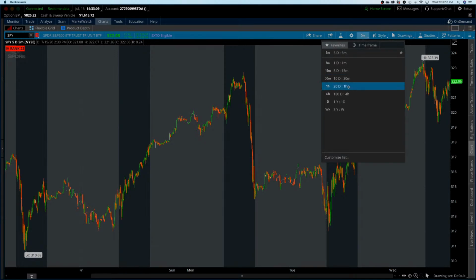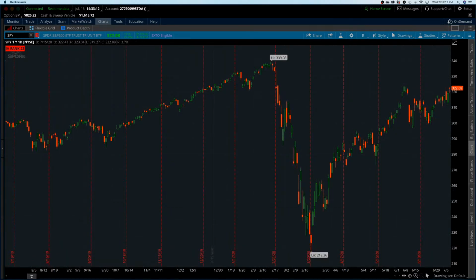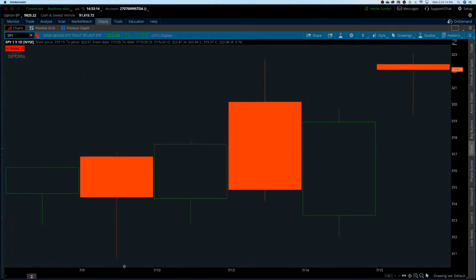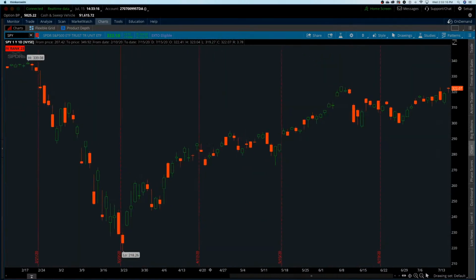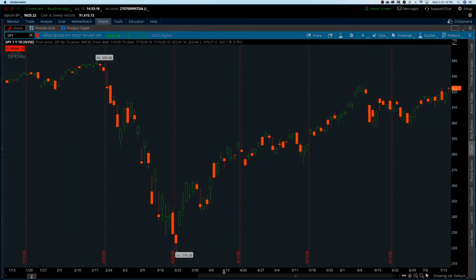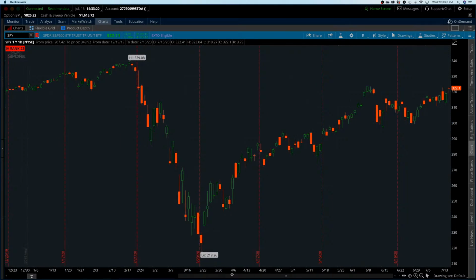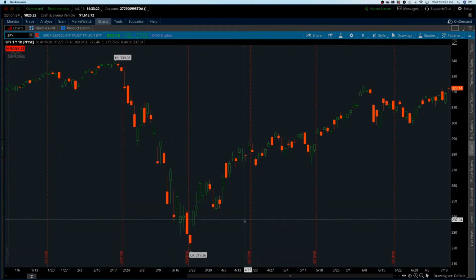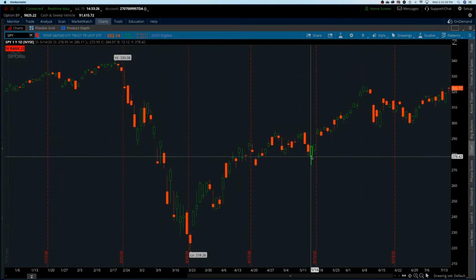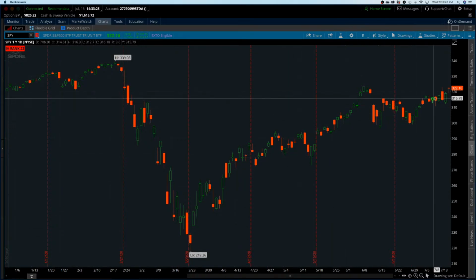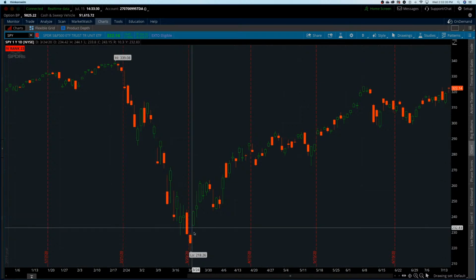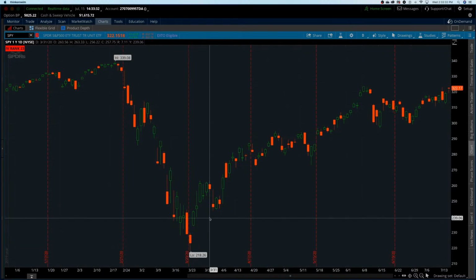Let's do a daily chart so we can see more stuff. It goes back almost to the beginning of the year. So, a daily chart of the SPY. Here we can see the big dip that we took in March because of the pandemic. And now we've been steadily climbing up, each one of these bars representing a day of activity.